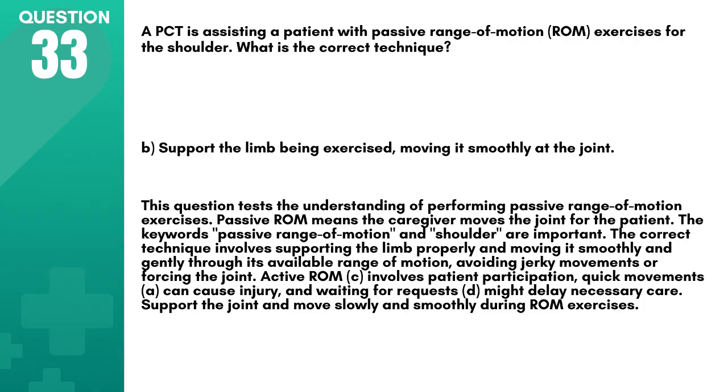The correct technique involves supporting the limb properly and moving it smoothly and gently through its available range of motion, avoiding jerky movements or forcing the joint. Active ROM, C, involves patient participation, quick movements, A, can cause injury, and waiting for requests, D, might delay necessary care. Support the joint and move slowly and smoothly during ROM exercises.